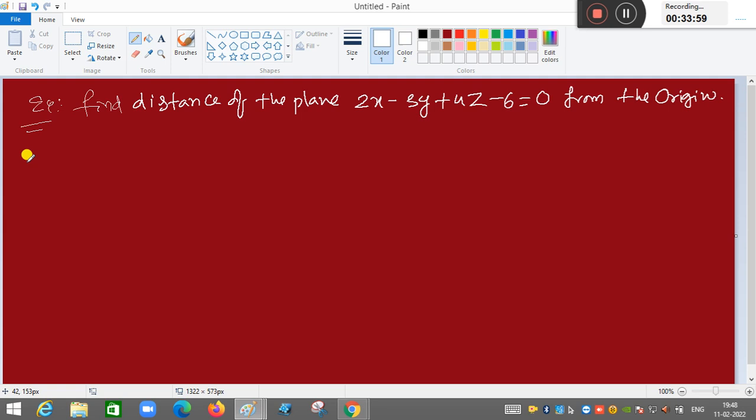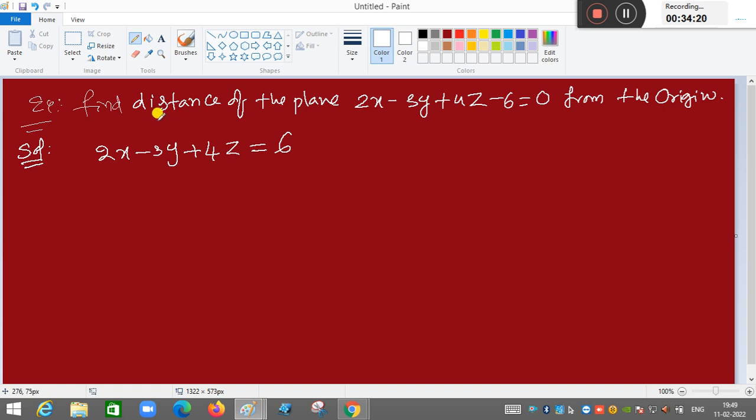Find the distance of the plane from the horizon. See, the equation of the plane is 2x minus 3y plus 4z equal to 6.